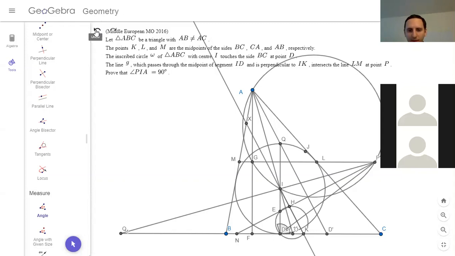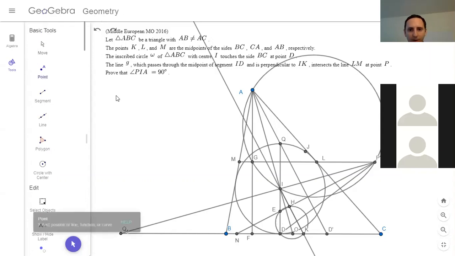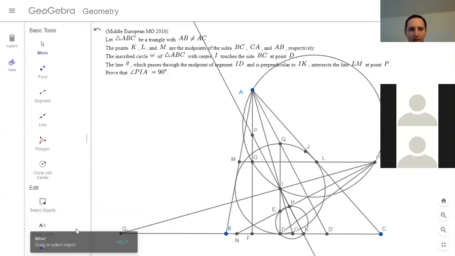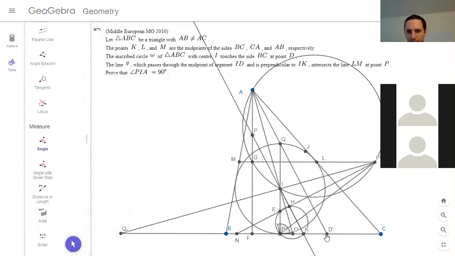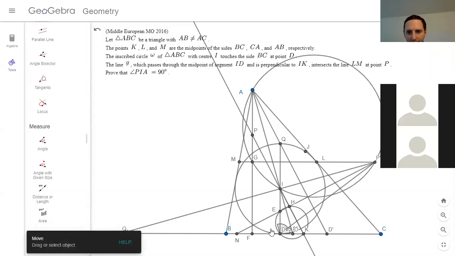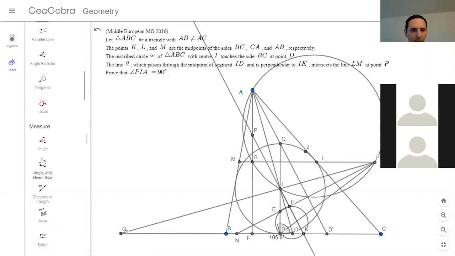I could try one more. I could try this point. Just check. Oh, wait a sec. I think that might be our magic point, 105.8. Yes. Okay. So I think that's a good strategy.